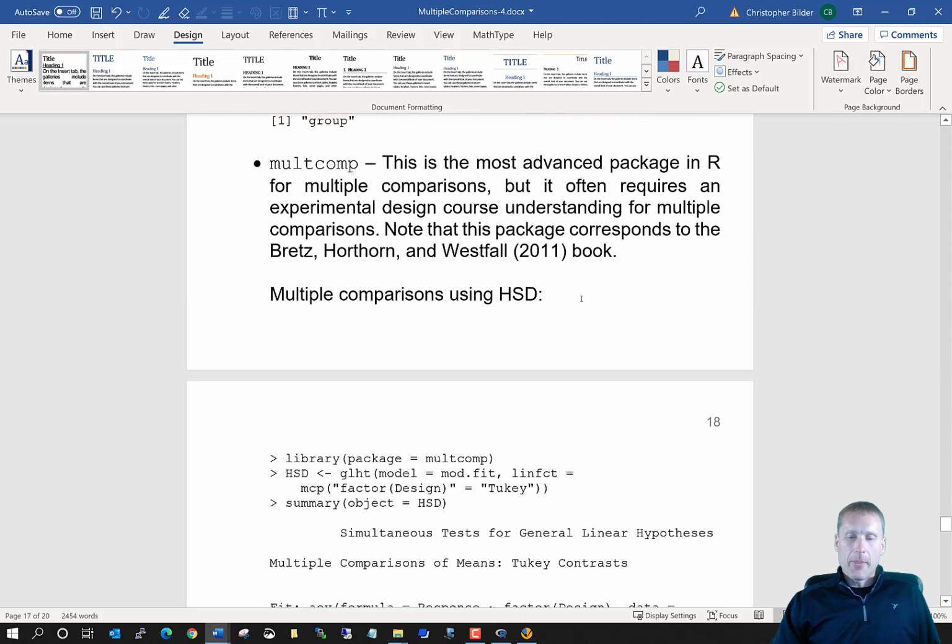Okay, lastly, for those who are doing hardcore statistical analyses that maybe go beyond using a completely randomized design, these people typically use a package called multcomp for multiple comparisons. This package corresponds to what is taught in this multiple comparisons book that I mentioned towards the beginning of this set of notes.